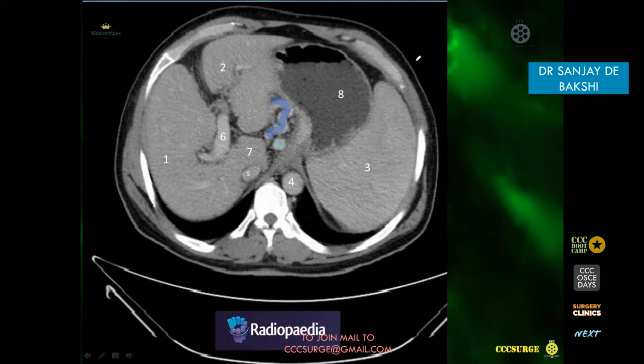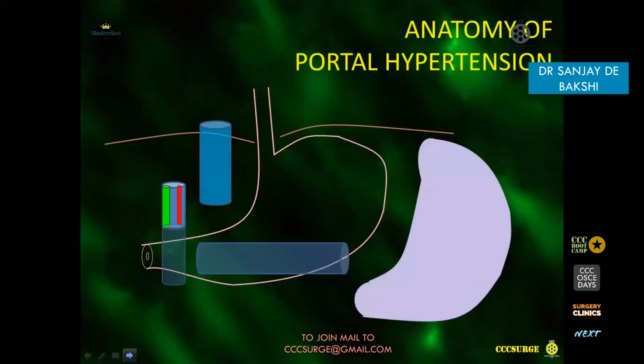Well done. So that is the azygos vein. I purposely left it out the last time because I thought I'd show you that diagram first. So now you realize that number 9 is the azygos vein. Remember that, because that is a pointer that this is portal hypertension. Well done, chaps. Right, so now we go to the next one.